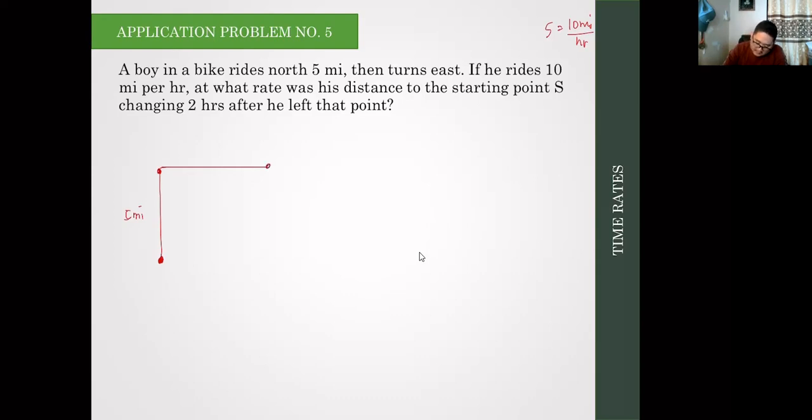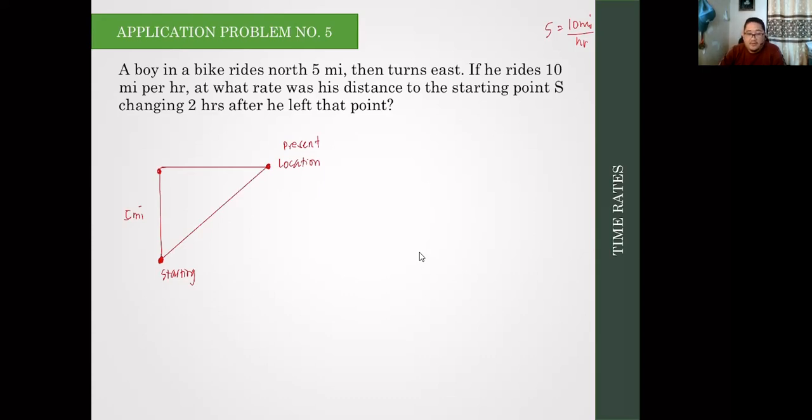So, halimbawa ito yung nung tinanong yung problem, ito na yung position ng boy. Ngayon, mula doon sa starting natin and location niya ngayon, ang tinatanong is at what rate his distance to the starting point, so itong distance na to, okay, is changing 2 hours after he left that point.